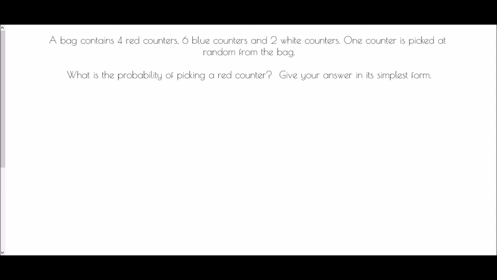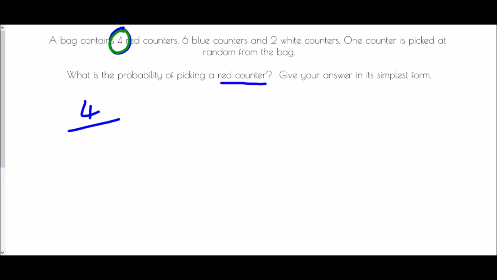Well, in this case, what we need to think about is, first of all, the question is about getting a red counter. So how many different ways could I get a red counter? Well, there are 4 of them. So the top of my fraction is going to be 4. But the bottom is the total possible outcomes. And so that comes from all of the different things that I could select.